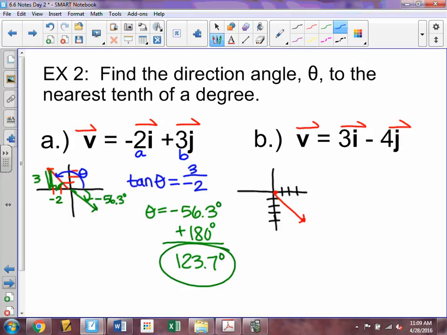So what should my angle be between it and the positive x-axis? I'm looking for theta, which is all the way around there. 270 and 360. My answer better be between 270 and 360, or it's wrong. And we haven't given the angle that we need. Tangent of theta equals what? B over A. Good. Negative 4 over 3. B over A.